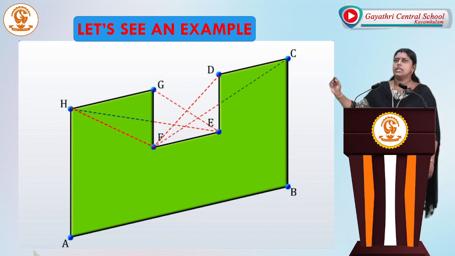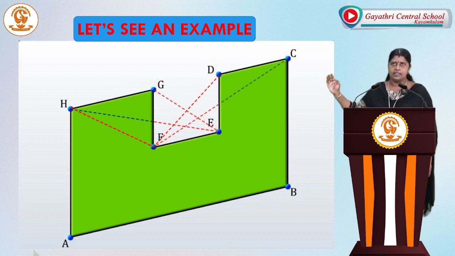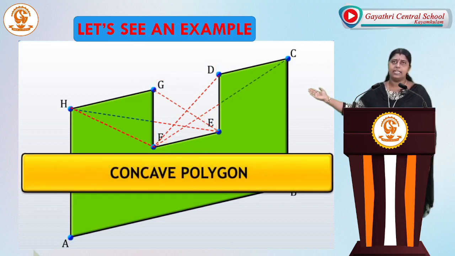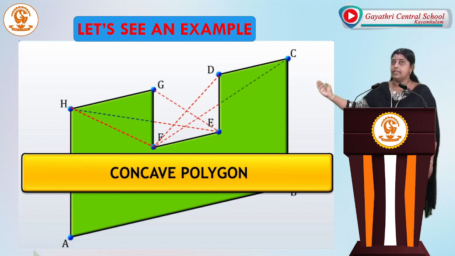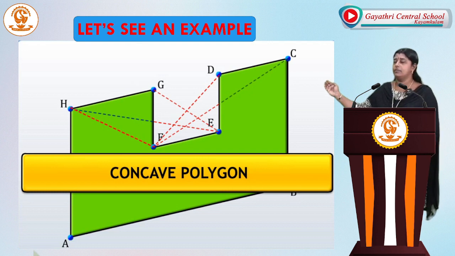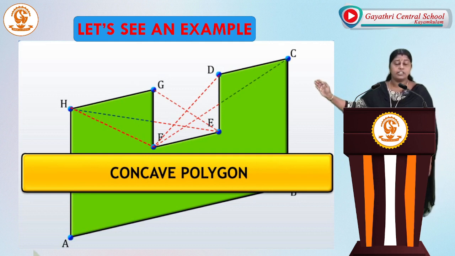But can you see the 4 vertices G, E, F, D? By connecting G and E, we will get a diagonal which is in the exterior of this polygon. Can you see the diagonals lying in the exterior part?